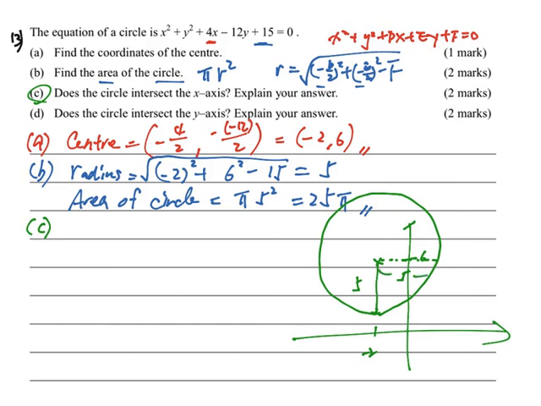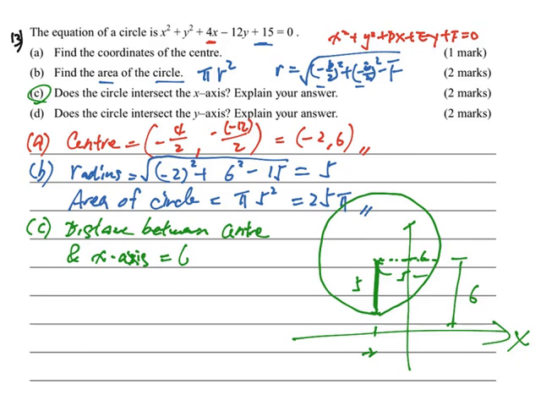So in part C, does the circle intersect the x-axis? You can compare the radius with the distance between the center and the x-axis. The distance between the center and the x-axis is 6. So it is greater than the radius.